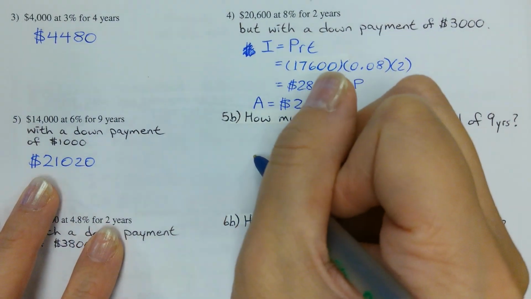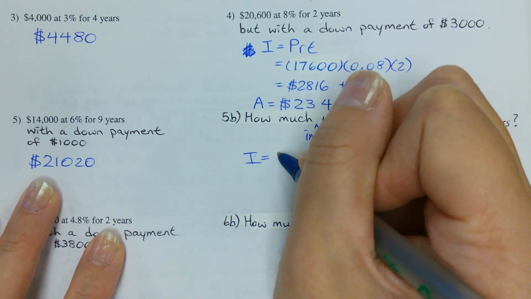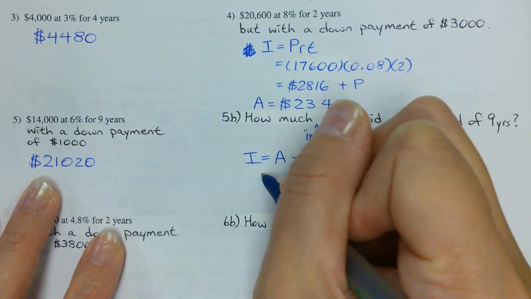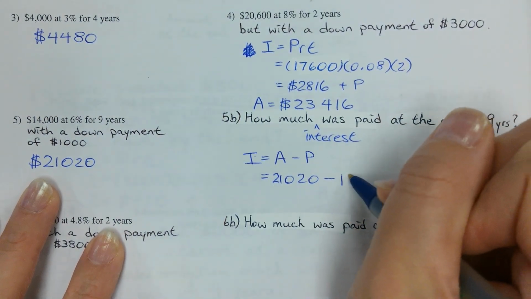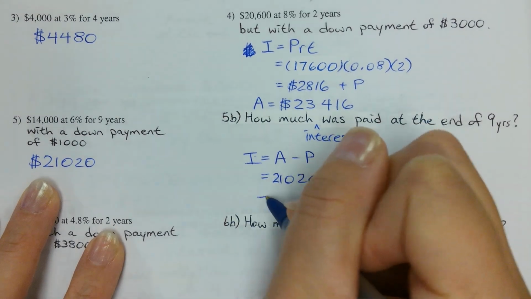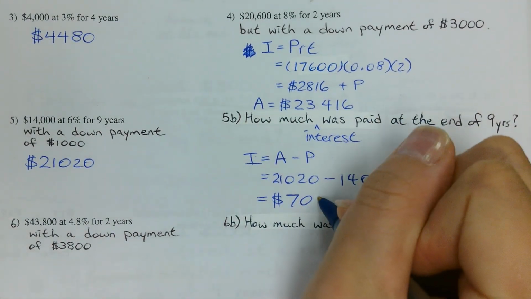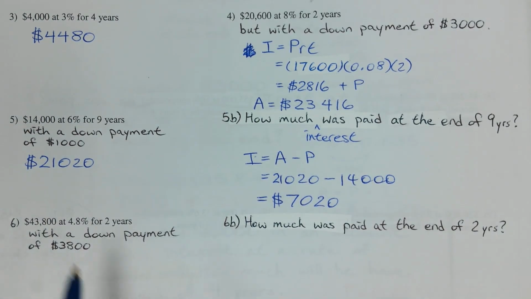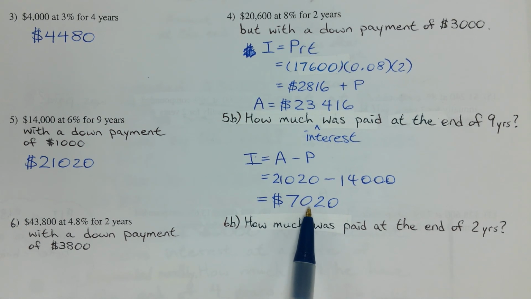So basically with this one, I is A minus P, which is 21,020 take away 14,000. So yes, over those 9 years, you paid $7,000.20. So let's say this was a cost of a motorcycle. You paid for half of a motorcycle with interest.